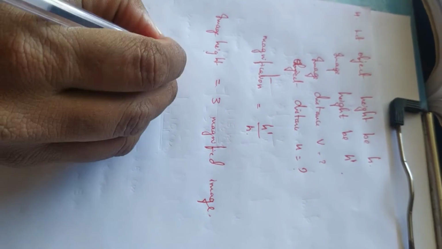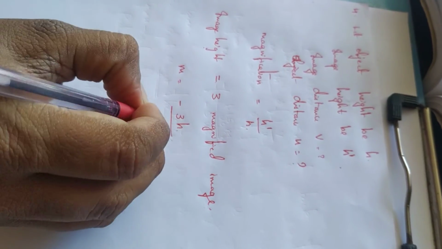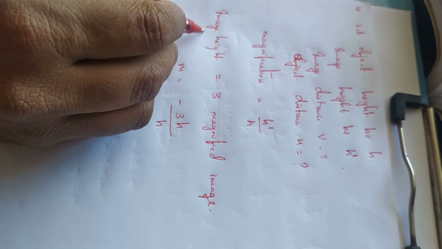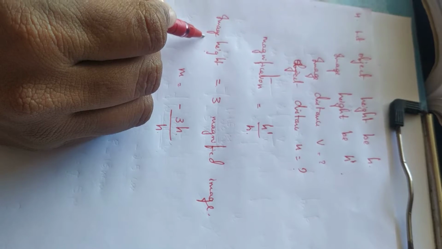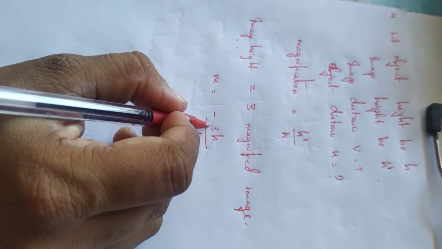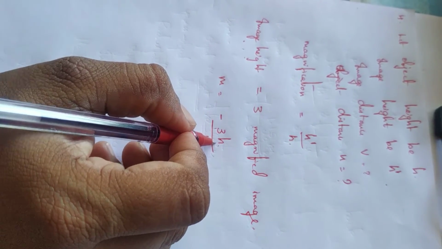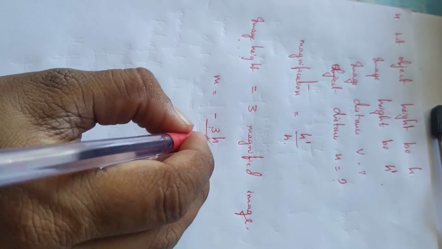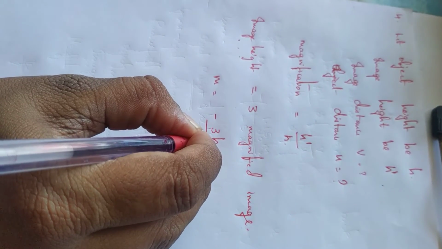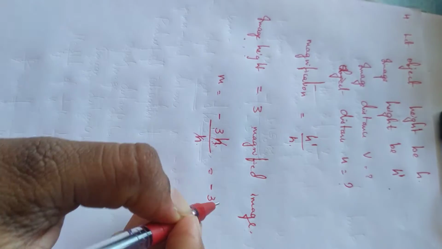Therefore we can write m is equal to minus 3h by h. Image height is h dash, right? So h dash is nothing but 3 times h, 3 times the height of the object, forming a real image. Therefore h cancels, we have m is equal to minus 3.